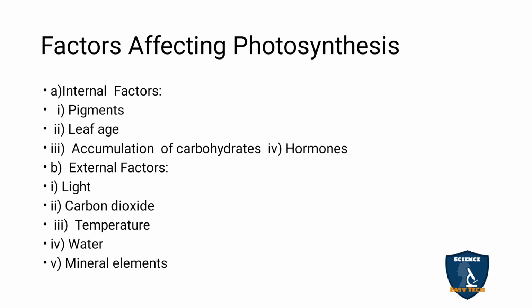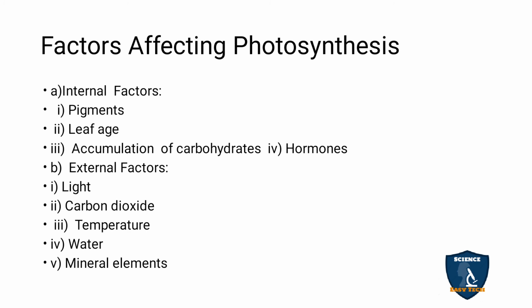Temperature, as I said, is one of the main factors. During the rainy season photosynthesis is affected by temperature, and during heavy summer also it is affected. Water: if the plant cannot absorb water, photosynthesis is affected, because water is one of the raw materials along with carbon dioxide.